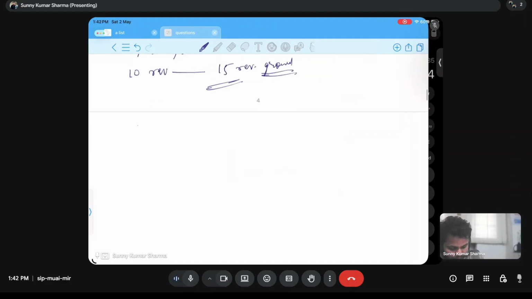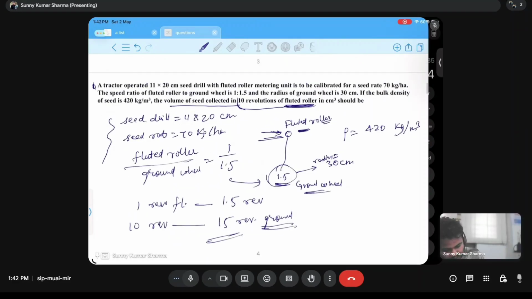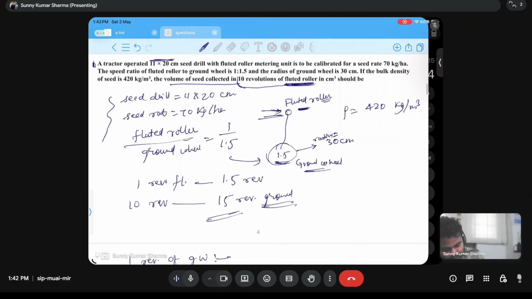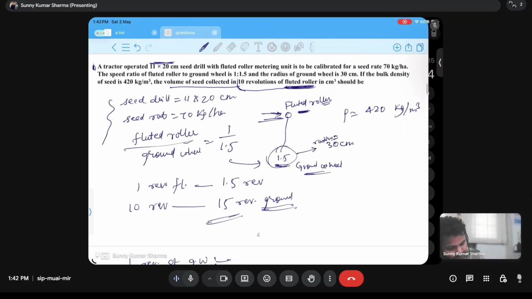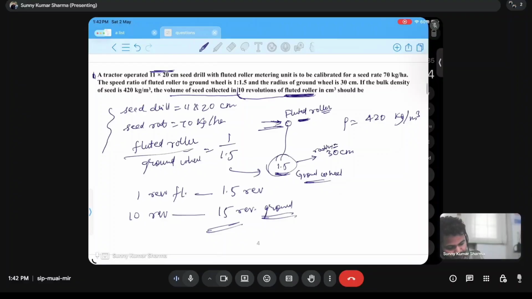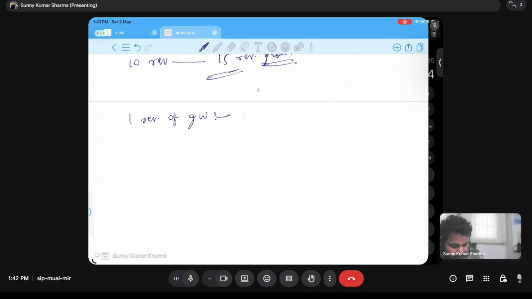So in one revolution of ground wheel, how much area is this seed drill covering? Area covered will be the width of coverage into the distance it covers in one revolution. Distance covered by the seed drill in one revolution will be pi into diameter of ground wheel, and for area we multiply it with the width, which is 11 into 20 centimeter.